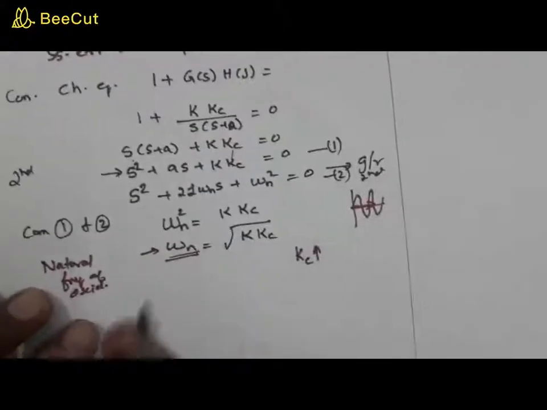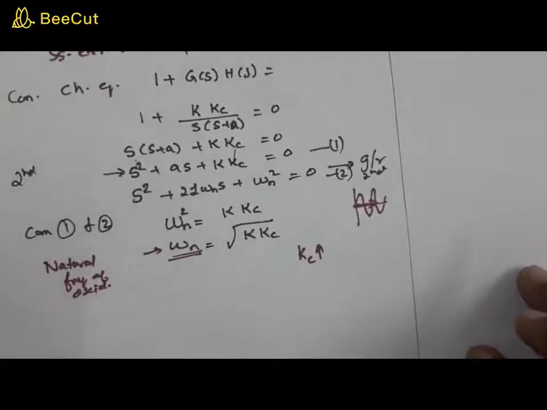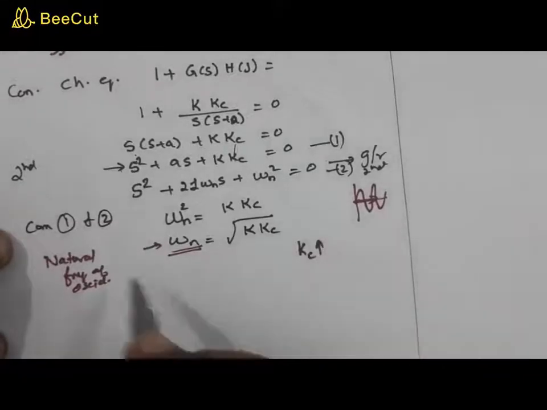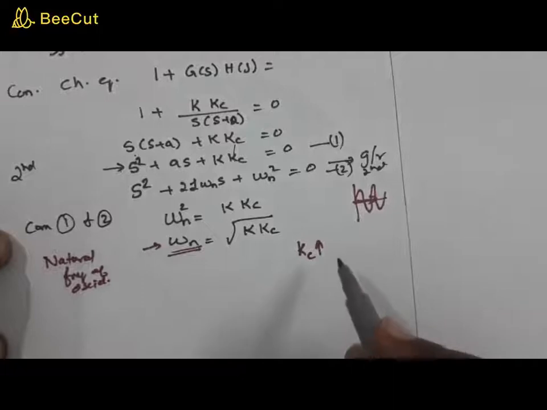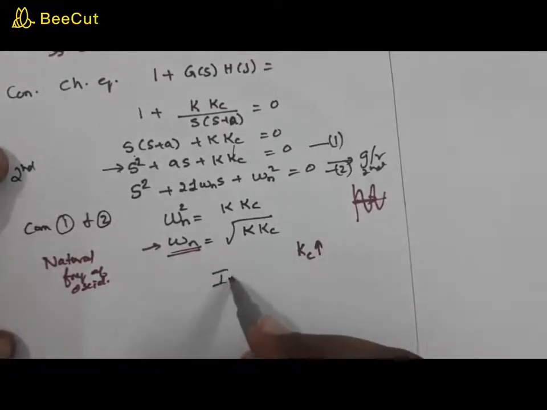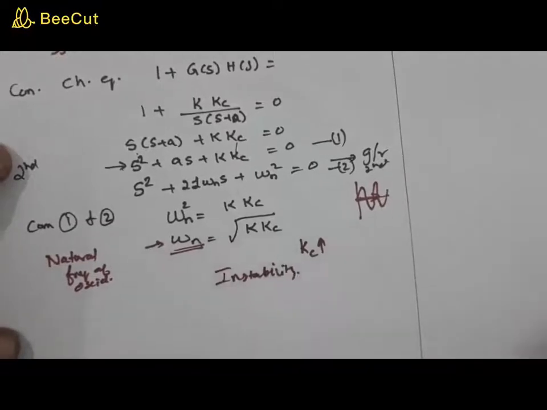Now this aspect puts a limit on increasing the gain of the proportional controller, because as you increase it, this equation suggests that the natural frequency of oscillation increases, or it can drift the system to instability. So that is the problem with this proportional controller.